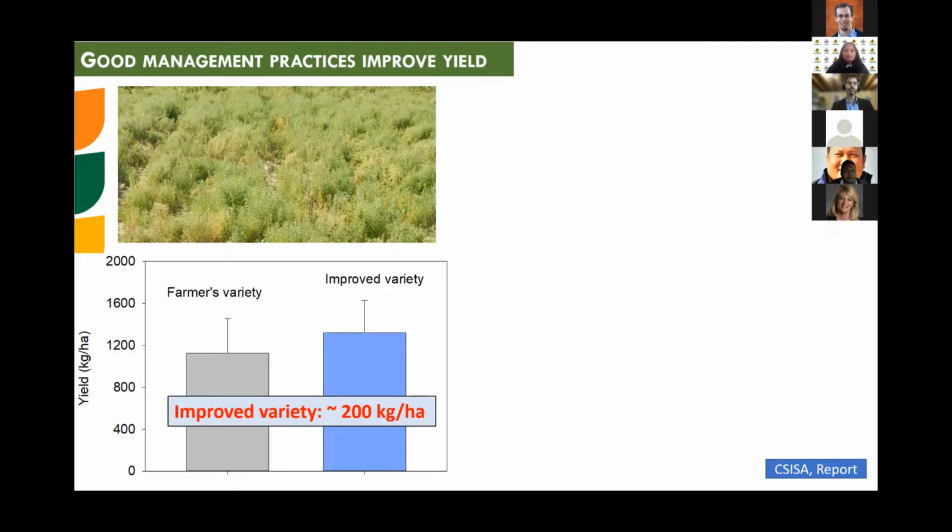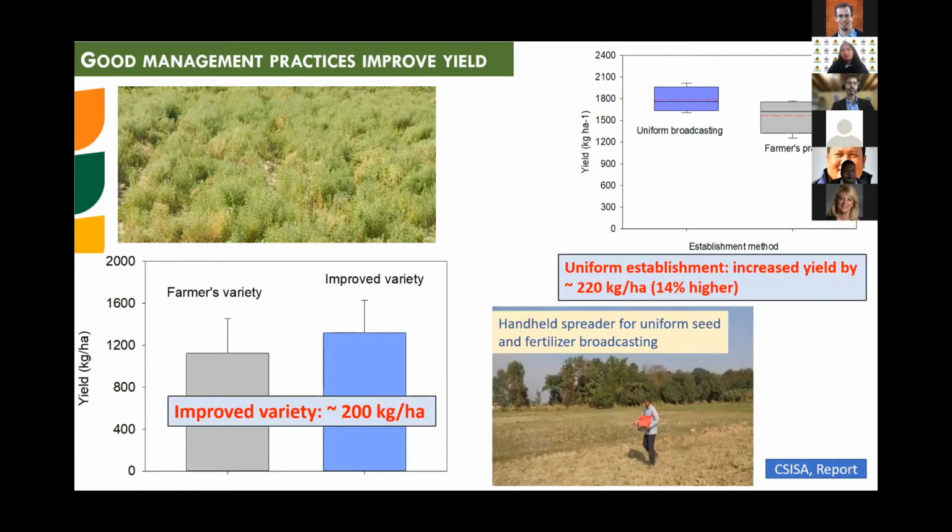Again, this was somewhat of an unfavorable weather year. And the previous presenter, Dr. Nepal, has already mentioned that uniform establishment is one of the major challenges for lentil. We can see that the lentil fields are really not uniform.